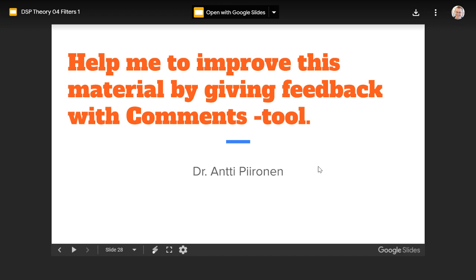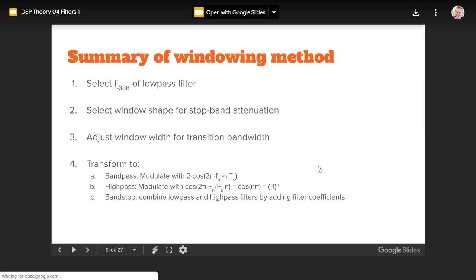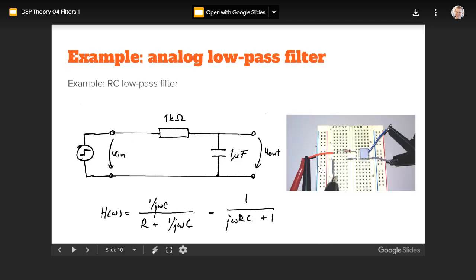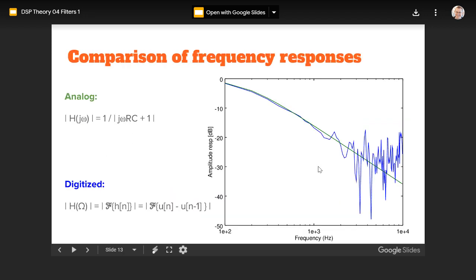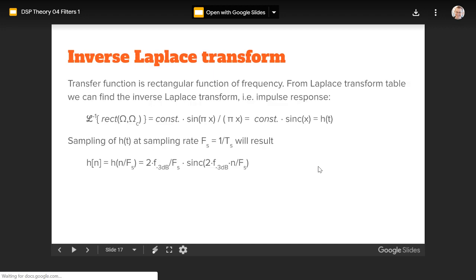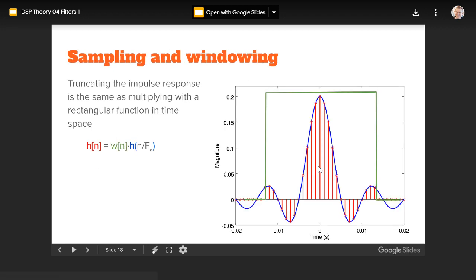Wow. That was some theory. Let's go quickly through the windowing method. So the starting point was the ideal low pass filter, inverse Laplace transformed to a continuous time impulse response, which is sampled and multiplied by a box.